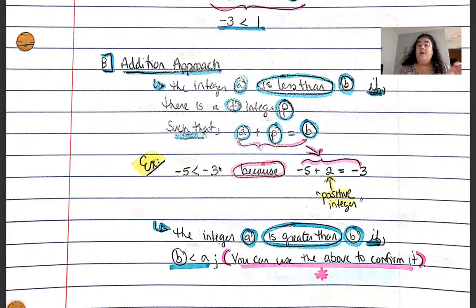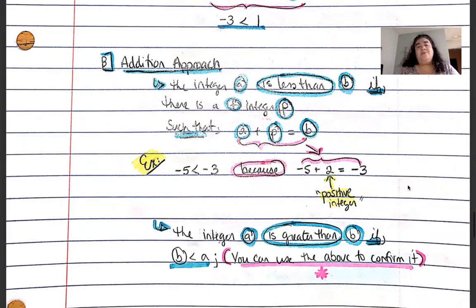If so, then I have just confirmed that -5 is indeed less than -3. And you do have to do that. If we have a -5, we would have to add a positive 2 to get to -3. Therefore, we can say with certainty that -5 is indeed less than -3 by using the addition approach.